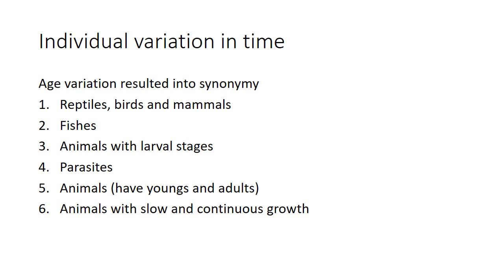So therefore, the catalogues of any group of animals which have been developed in the past may list numerous synonyms that result due to the failure of the taxonomists to recognize the relationship between various age classes of the same species. In reptiles, birds, mammals, there are no larval stages, but immature individuals may be very different from those of adults, particularly in the case of the birds.